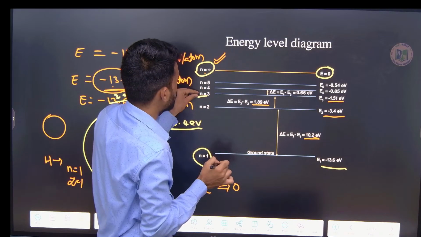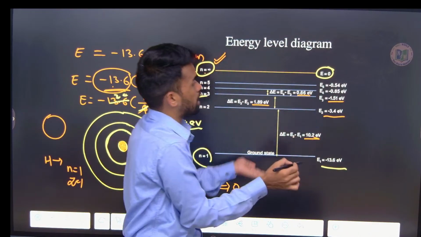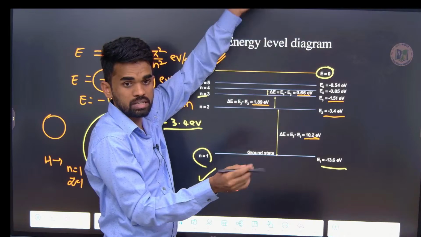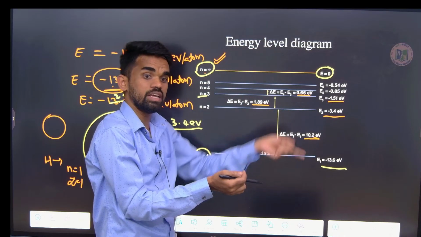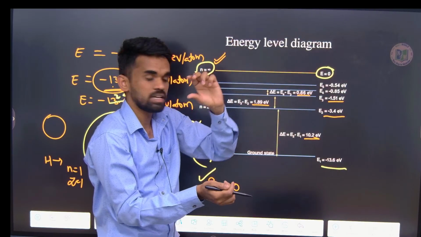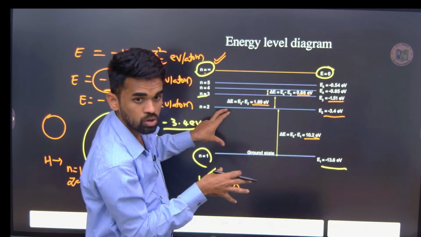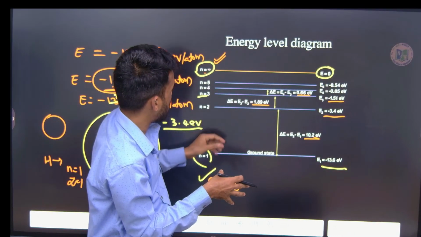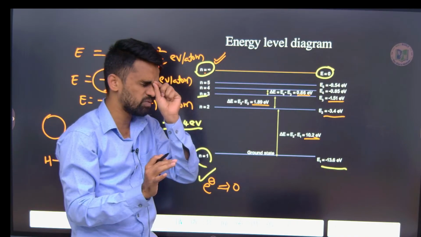And between 3 and 4, even less. As we move away from the nucleus, the energy of the electron increases. The energy difference is more at the beginning, closer to the nucleus. As n number increases, the energy difference decreases. This is one of the very important factors.